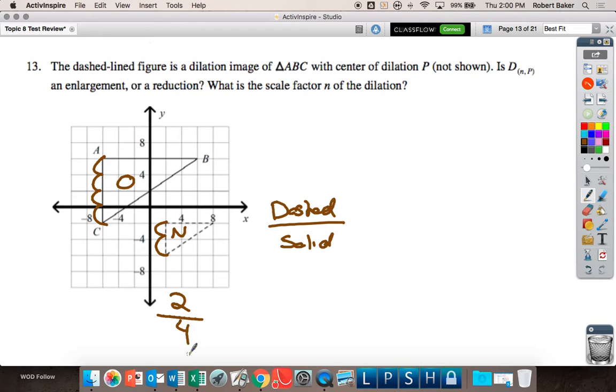What's 2 over 4? 1/2. Now, if you counted it for real, 1, 2, 3, 4, 5, 6, 7, 8. Do you still get the same scale factor? Yes. Isn't it new over old though? The dashed line is okay. Your scale factor should be a number less than 1 because my dashed triangle got smaller.